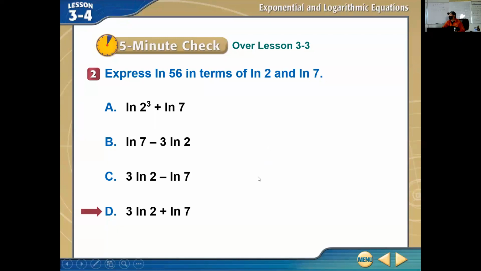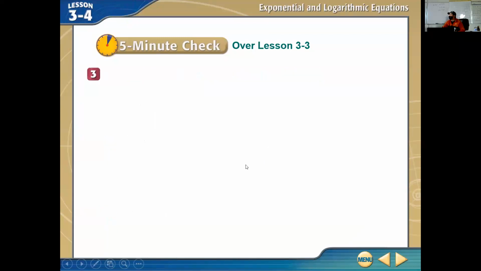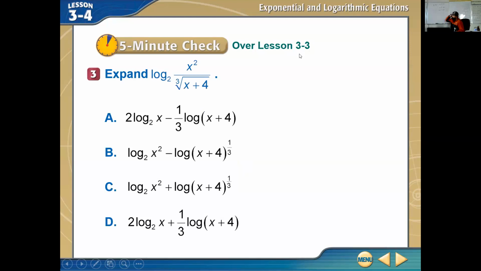Right there. All right. Okay, this one we're expanding. We're given log base 2 of x squared divided by the cube root of x plus 4. So again, we want to take a gander at which ones we can split up. We know we're going to be using the quotient property. It's just important to realize we can't split this x plus 4, right?